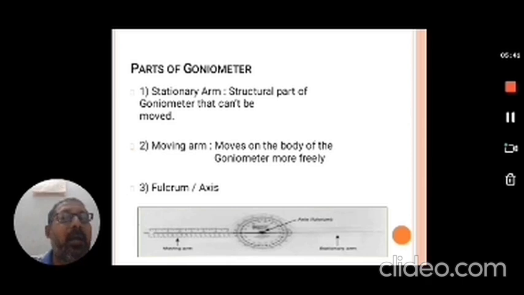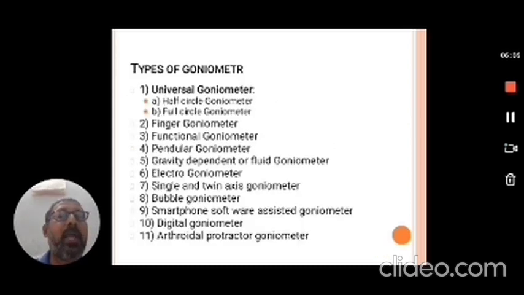These parts are attached to the fulcrum, which sits at the axis of the joint. The body is the center part, made with the protractor. So the major parts of the goniometer are the moving arm, the stationary arm, and the body of the goniometer, which are attached to the fulcrum and move at the axis of the goniometer.